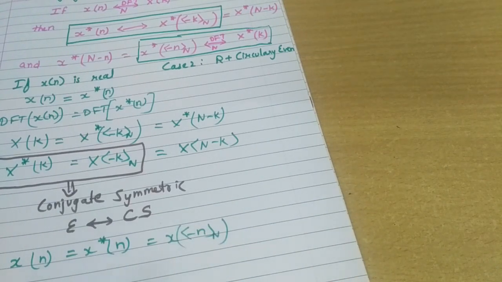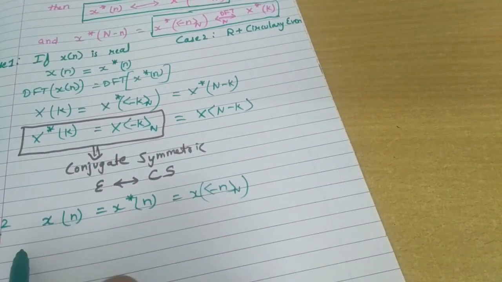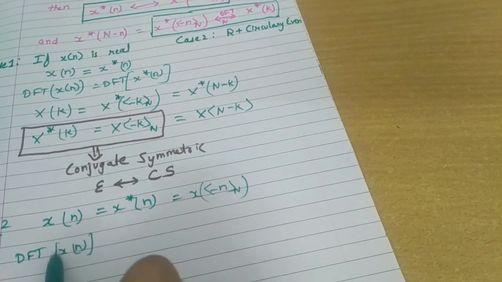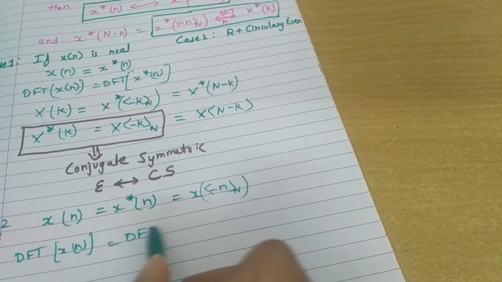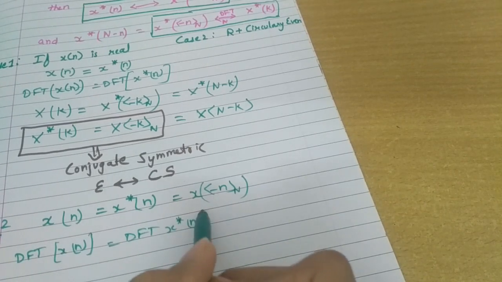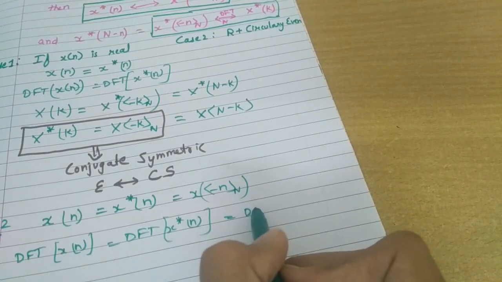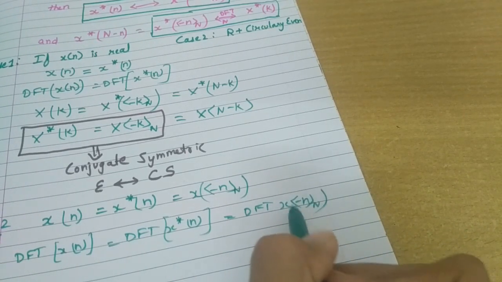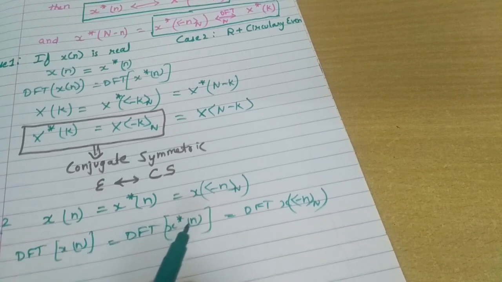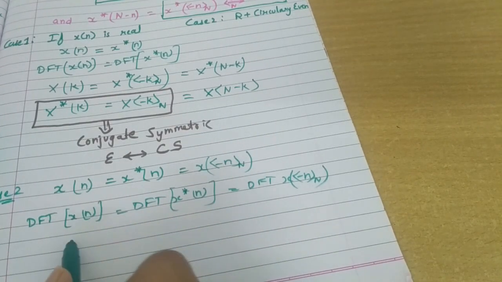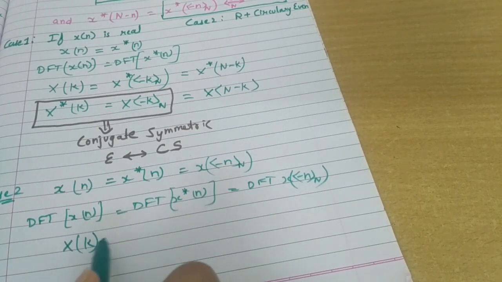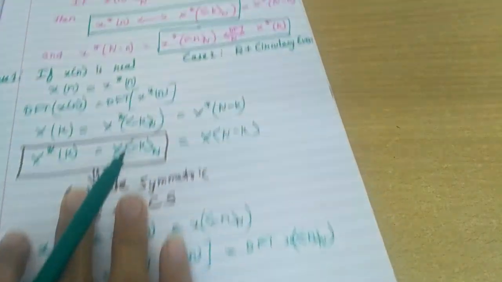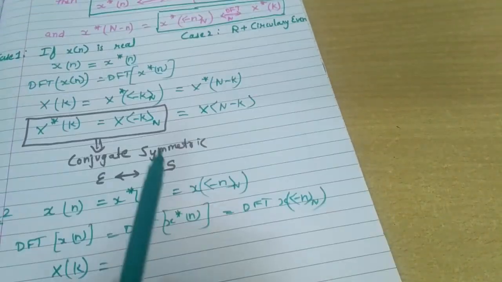Okay, so simply what we will do now, taking DFT of both the sides, DFT of x of n equals DFT of x star of n equals DFT of x of minus n. So just writing this as x of k, we know DFT of x star of n is nothing but x star of minus k.